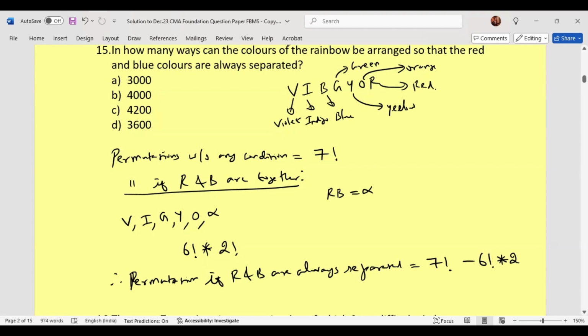So in this, common is 6 factorial. So here we get 7, here we get 2. So it is 6 factorial, which is 720, into 7 minus 2, which is 5. If we multiply, we get 3600 ways. So option is D.